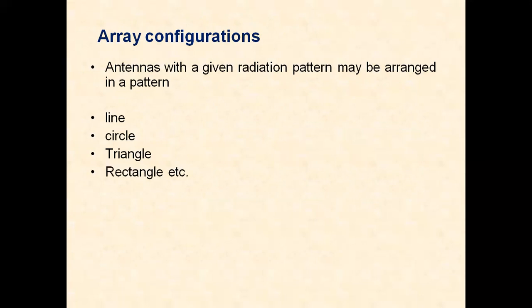In a line, all the elements can be placed parallel, or all placed perpendicular. Elements can be placed in a circular manner, in a triangular shape, in a rectangular shape, and so on.